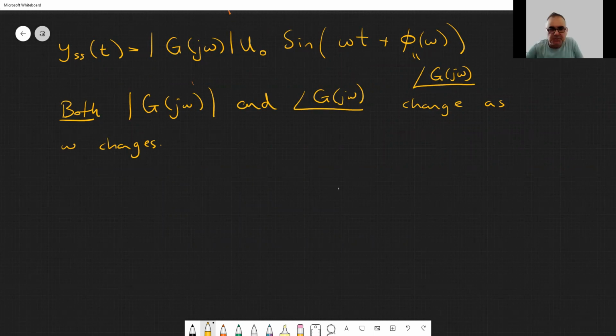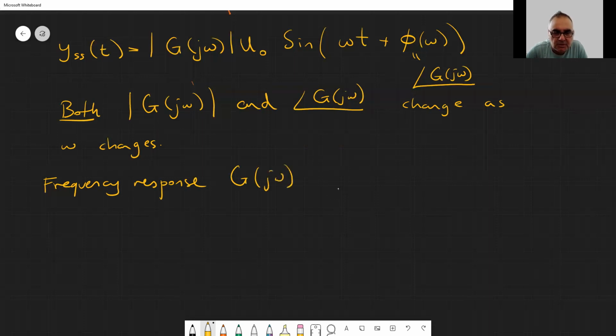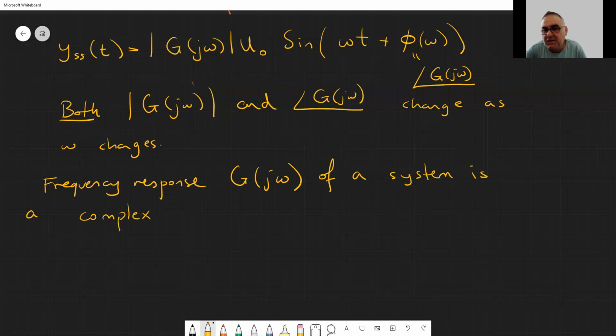So the so-called frequency response, G of j omega, of a system, let's say, is a complex function, meaning that it has a real part and an imaginary part, of frequency omega. Okay.